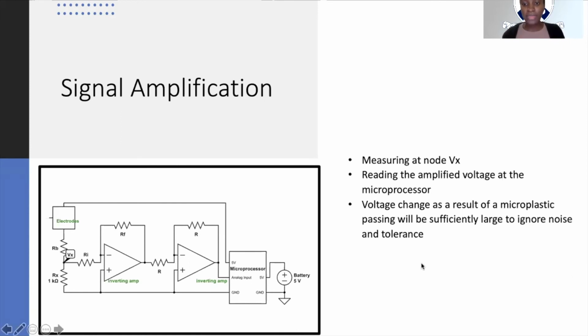And the way we make this voltage change large is by controlling the length of our channel. Going back to the equations that Victor was talking about, increasing the length of the channel increases the resistance.